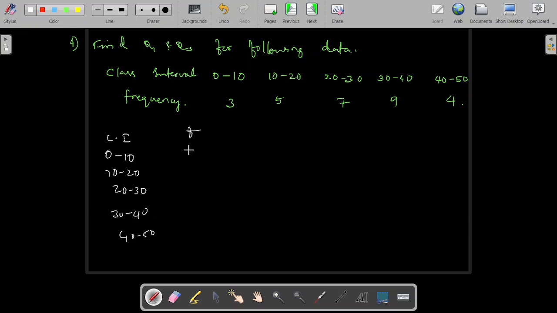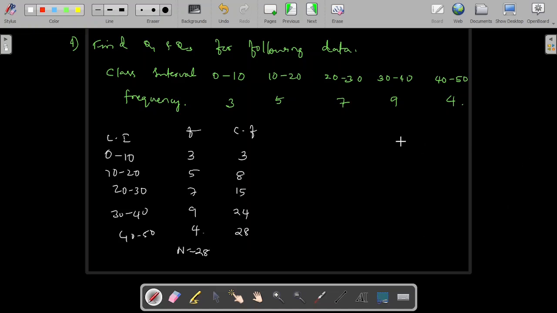The frequencies are 3, 5, 7, 9, 4. Then we want the cumulative frequency: 3, 3 plus 5, 8, 8 plus 7, 15, 15 plus 9, 24, 24 plus 4, 28. So the total frequency is equal to 28.